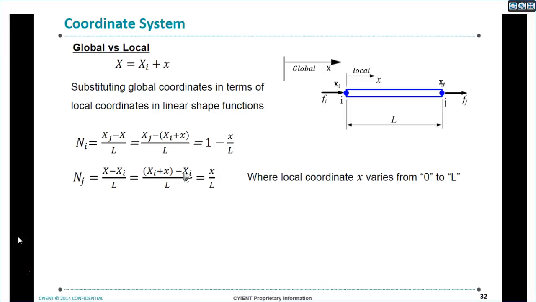Coming to global versus local, what exactly is the relation between them? This is our local coordinate system, starting at node i, and the global system is somewhere far away from local.